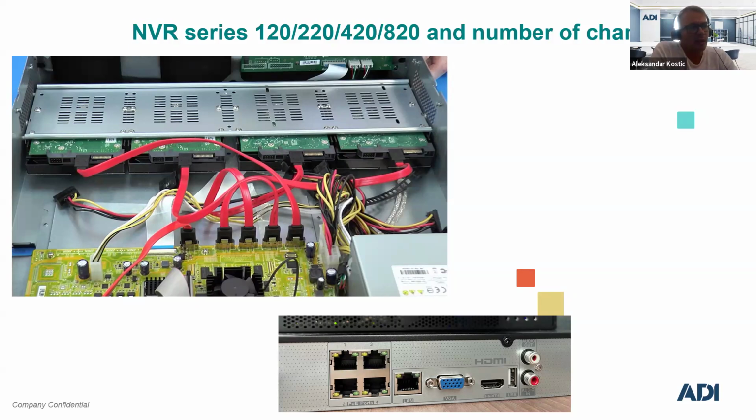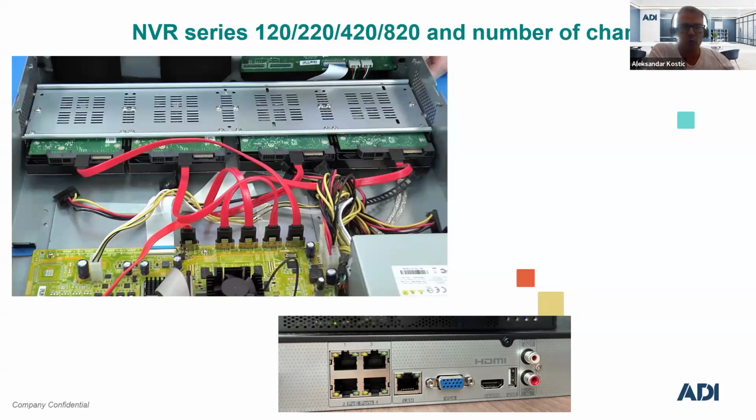But that doesn't mean that those cameras are completely cut off from being managed from the main network, because the NVR has built-in port forwarding rules for how you can still access those cameras. You just are not accessing those cameras directly through the IP address assigned to the camera itself.